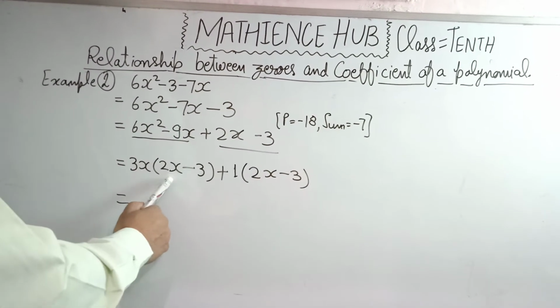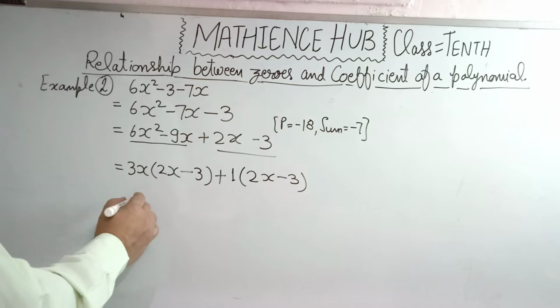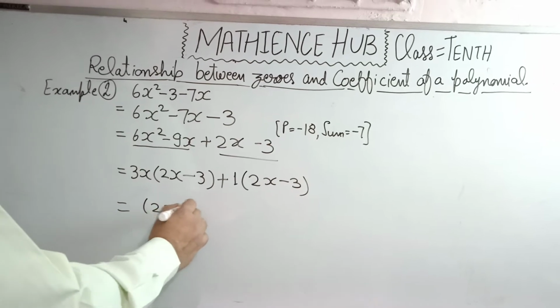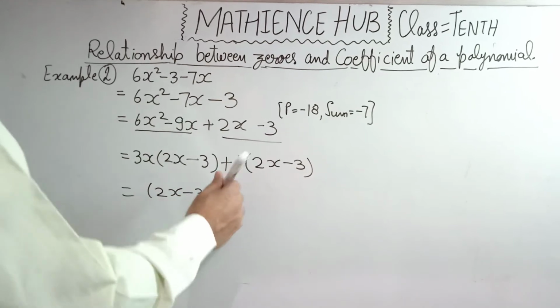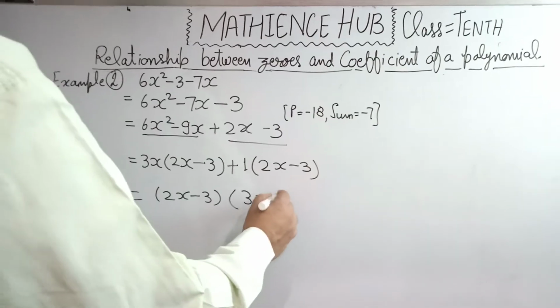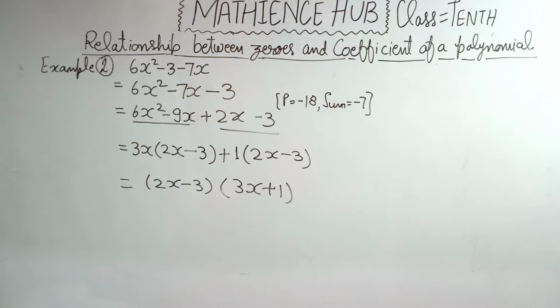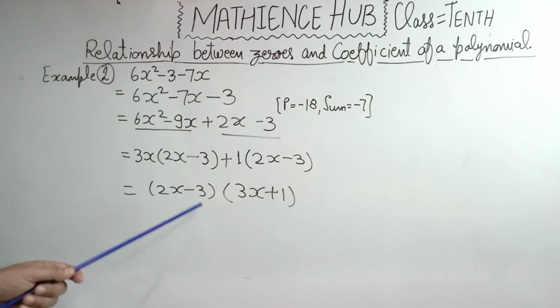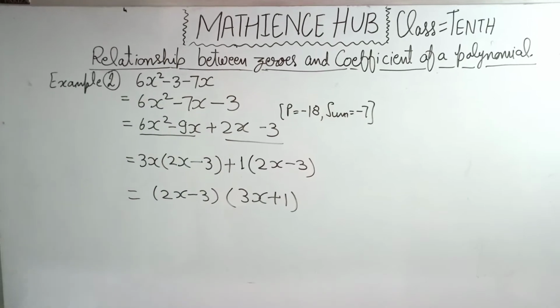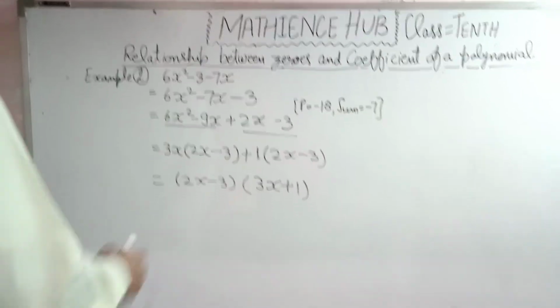And the common factor is 2x minus 3, and the rest is 3x plus 1. So you see that first we find the factors of the given quadratic polynomial, then find its zeros.